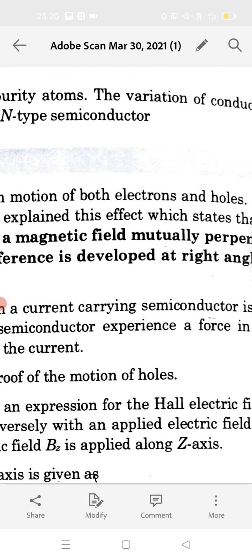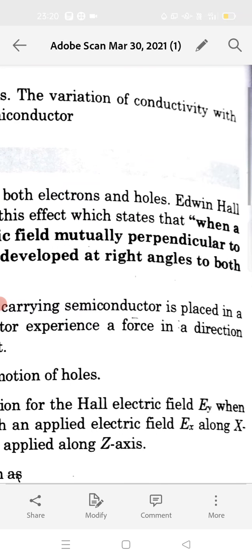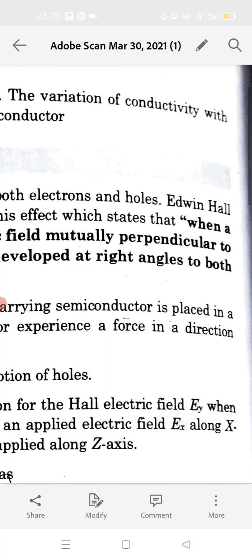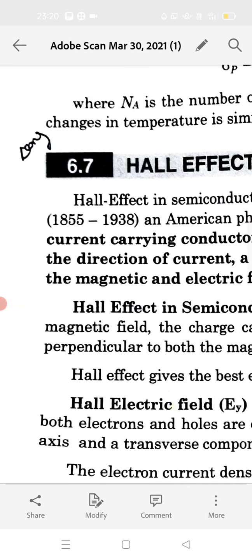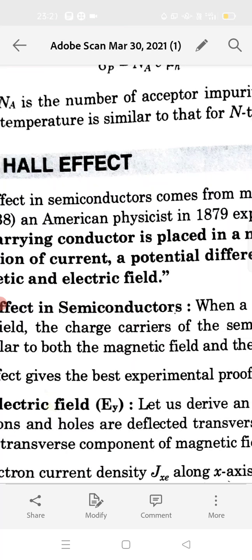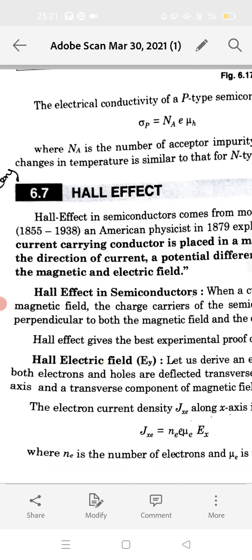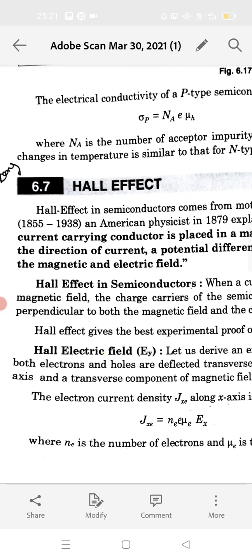Then the potential difference is at a right angle to both the magnetic field and the electric field. This phenomenon can be derived from the Hall effect.